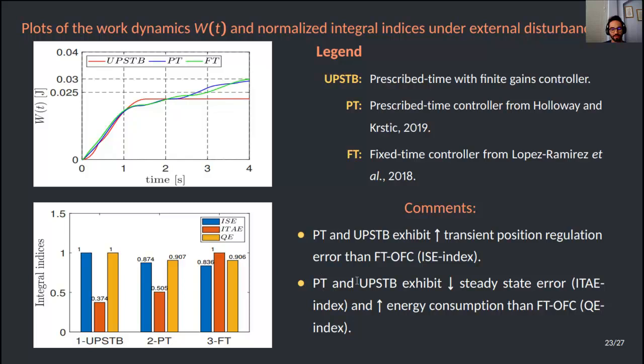Also, these non-autonomous controllers exhibit a lower steady state error, which is assessed by the eta index, and also higher energy consumption than the autonomous one, and this can be assessed by the QE index in this figure here.